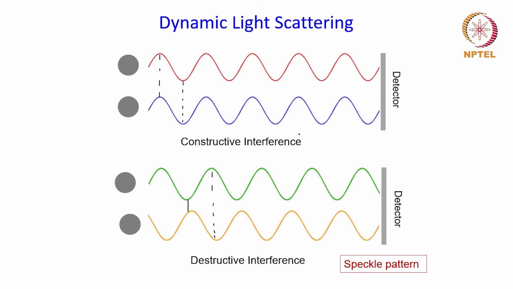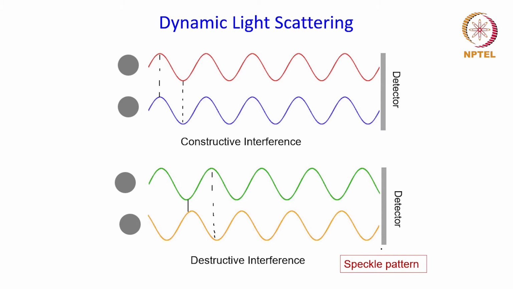So because of that, the intensity which is being received at the detector will fluctuate, right? As opposed to the static condition where the intensity remains constant.